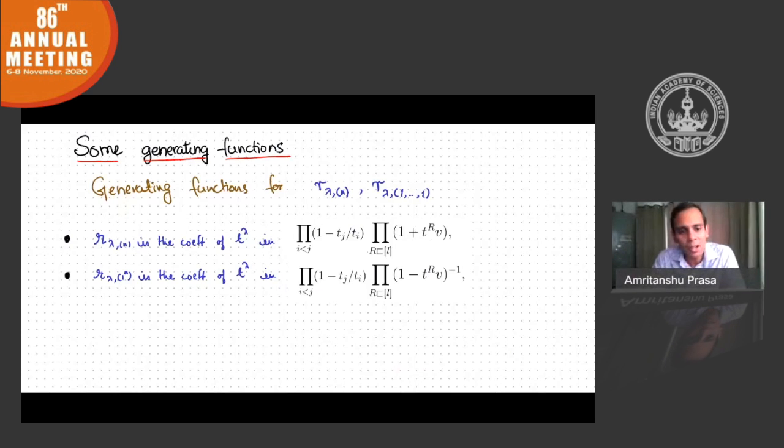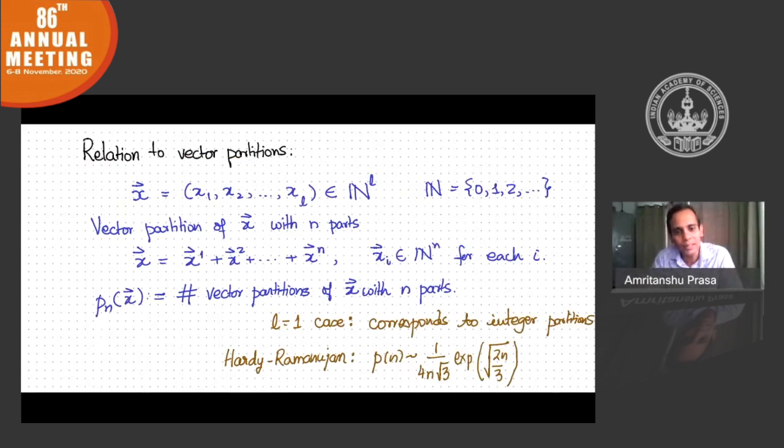And we found through these generating functions that these restriction coefficients are closely related to counting vector partitions. So what are vector partitions? Given a vector x, we are assuming that the coordinates are non-negative integers. So we're going to use bold N to denote the set of non-negative integers.